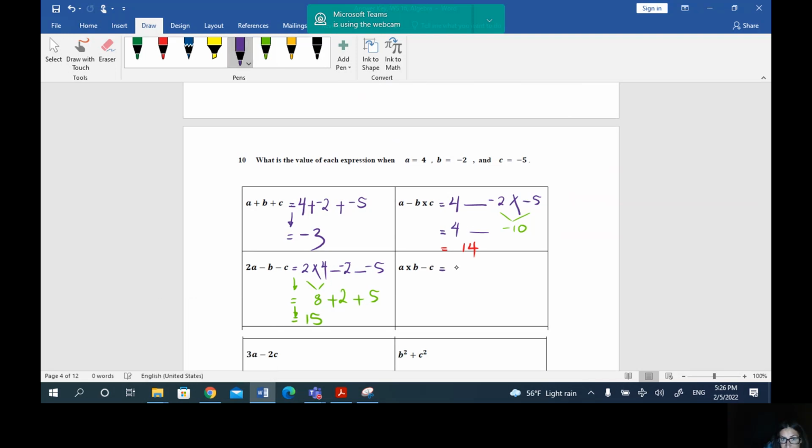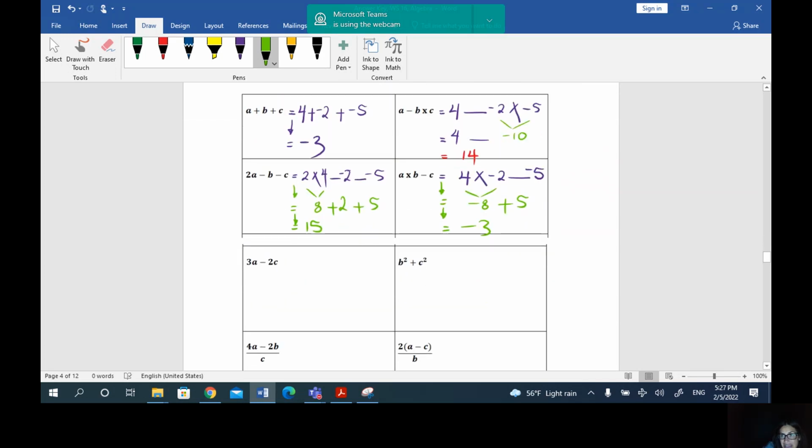A times B. A is 4 times B is negative 2, minus C, and C is minus 5. Let's take into consideration the order of operation. Equal underneath the equal. 4 times negative 2 is negative 8. Negative 5 means plus 5. So minus 8 plus 5 is minus 3.